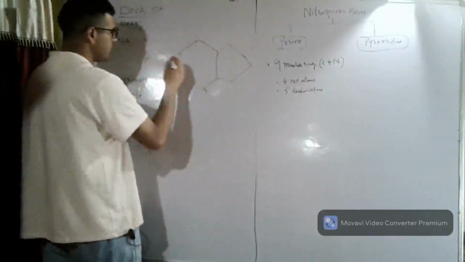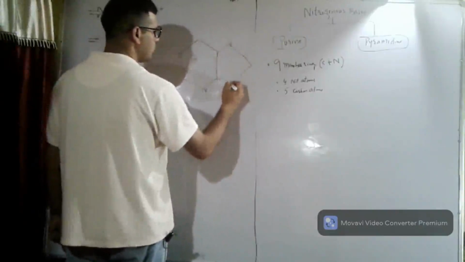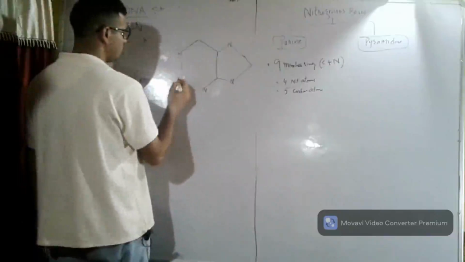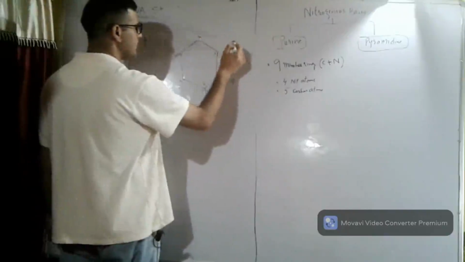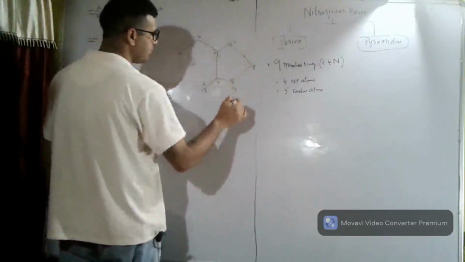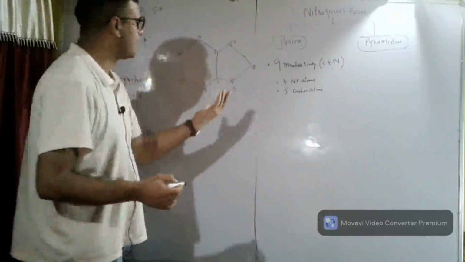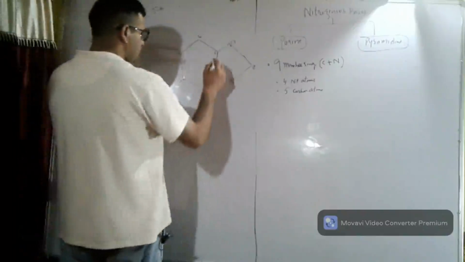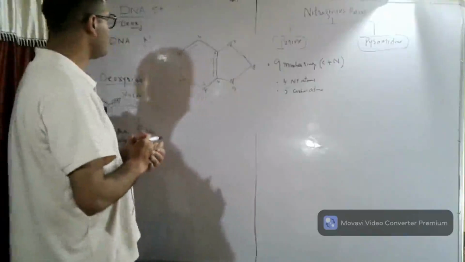So it would be like this: nitrogen 1, 2, 3 and 4. So 1, 2, 3, 4, 5, 6, 7, 8, 9. So it is a 9-member ring where we have carbon atoms and nitrogen atoms. We will just fulfill the valency of the carbon.